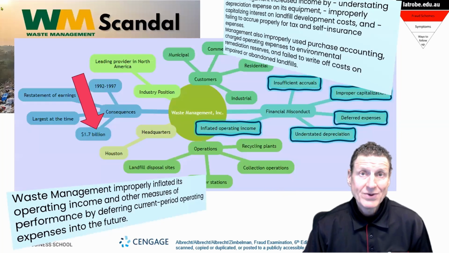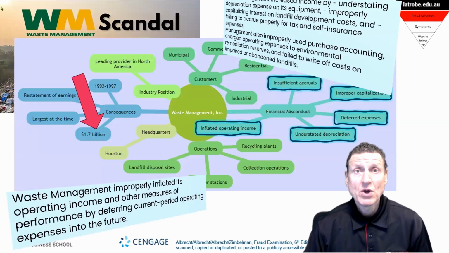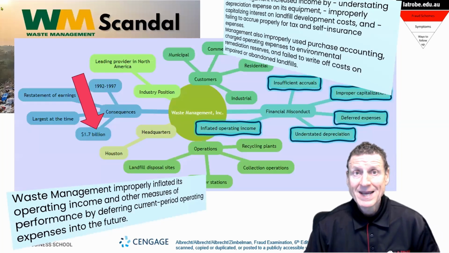One way of doing that is by understating depreciation, by deferring expenses, by improperly capitalizing expenses when they should have been expensed and gone through the income statement. When you do every one of these, it makes the income higher.